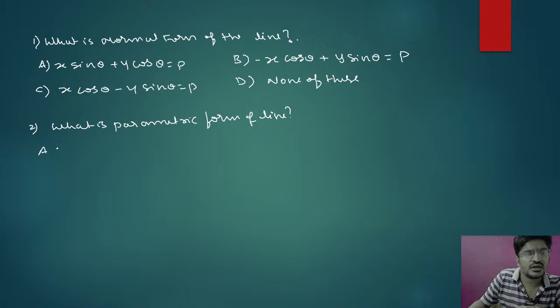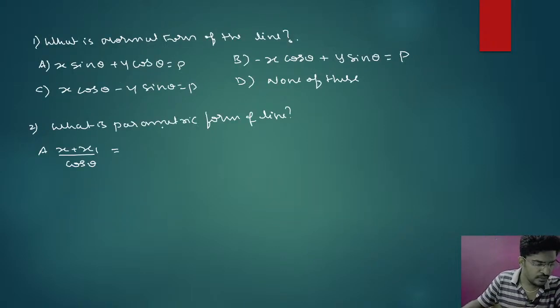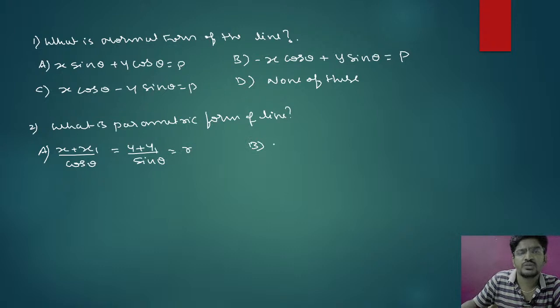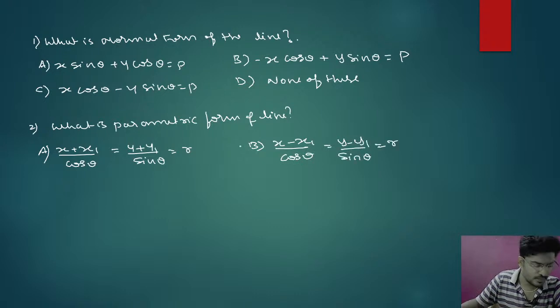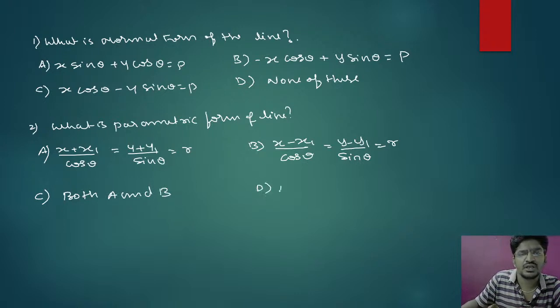Option A is x plus x1 by cos theta equal to y plus y1 by sin theta equal to r. Option B is x minus x1 by cos theta equal to y minus y1 by sin theta equal to r. Option C is both A and B. Option D is none of these.